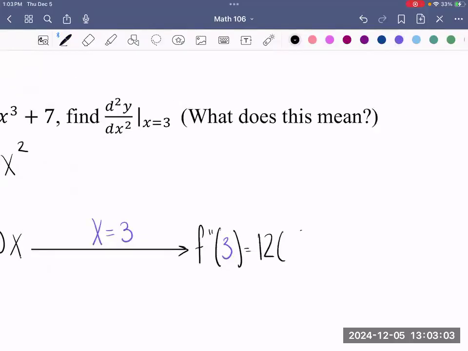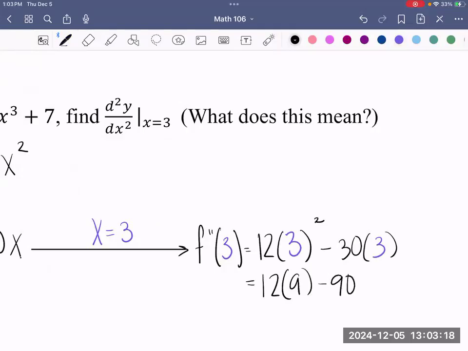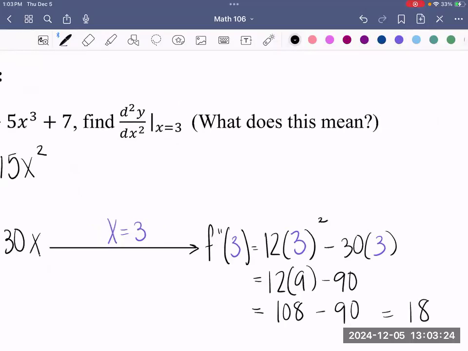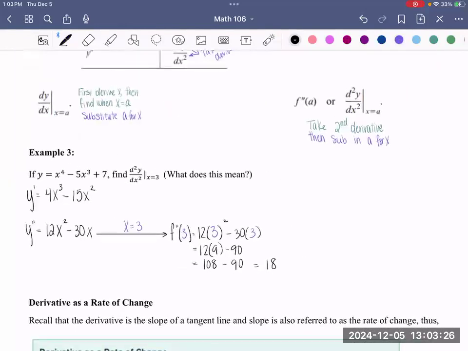We have 12 times 3 squared minus 30 times 3. So that's 3 squared, which is 9. So 12 times 9 minus 30 times 3, that's 90. So then 108 minus 90 will be 18. And there you go.